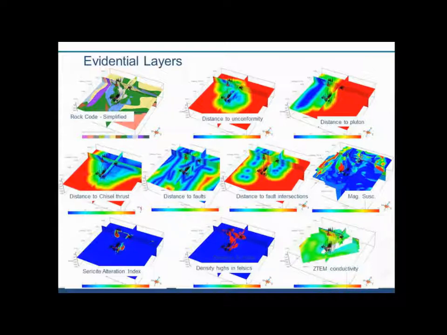So two things to point out here. We have these interpolated alteration index models. And the interpolation comes from the alteration indices that were calculated down the drill holes. So this is obviously biasing us toward drilled areas. So you have to make a decision whether or not you want to include that kind of information. A lot of times we have a lot of downhole information, so we want to use this information, but then you have to understand that there's going to be some biasing.